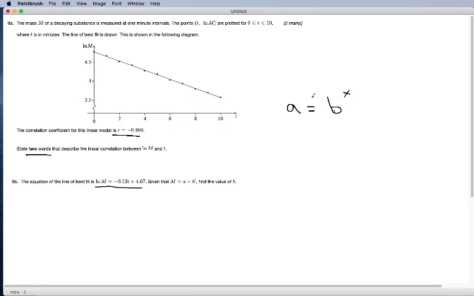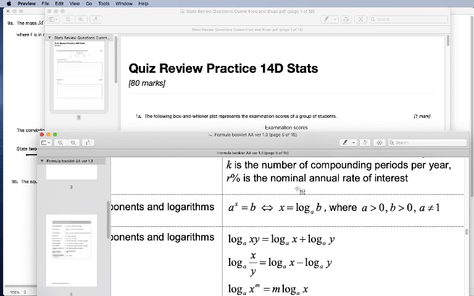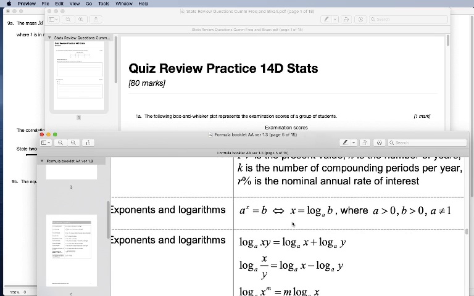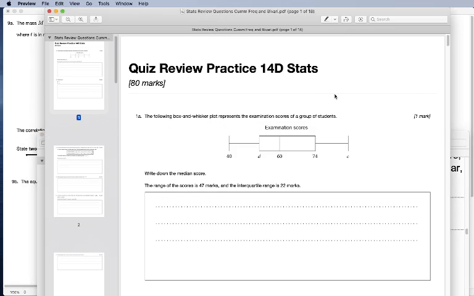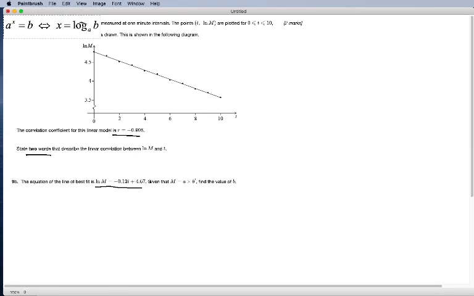So actually I've written it wrong here. I'll change it so that it's exactly what they have in the book. And I'll cut it out even here so that we can see. So if I cut this out, this allows you to transfer logs to exponentials and exponentials to logs. So this is very important.